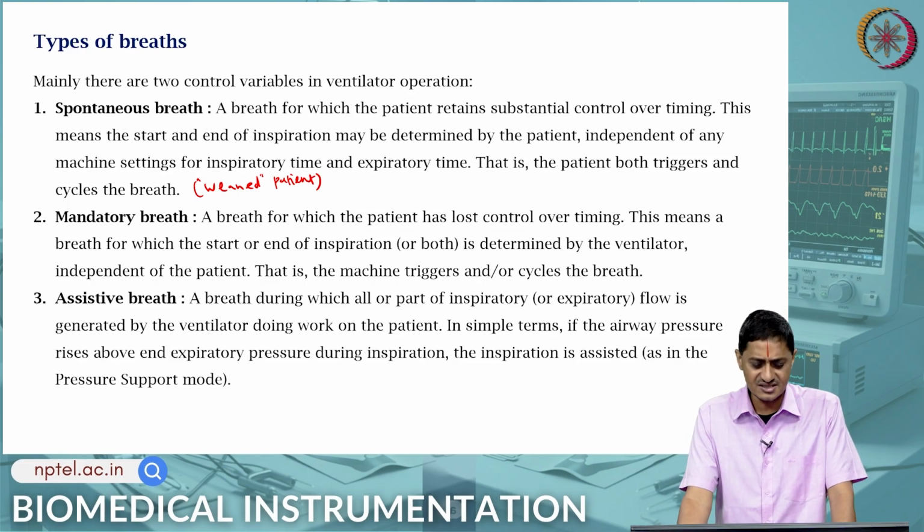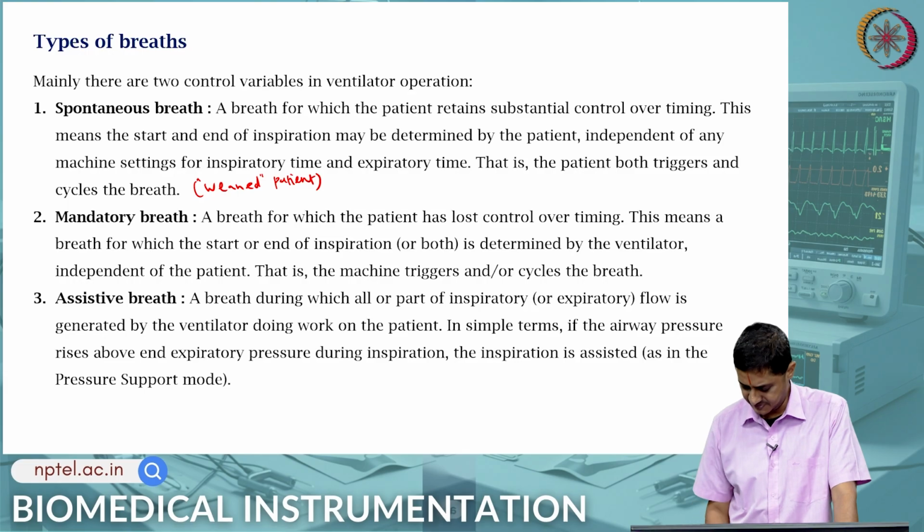So, this is the case in which there is a trigger, the patient initiates the breath, and then the airway pressure increases above the end expiratory pressure, essentially providing assisted inspiration.